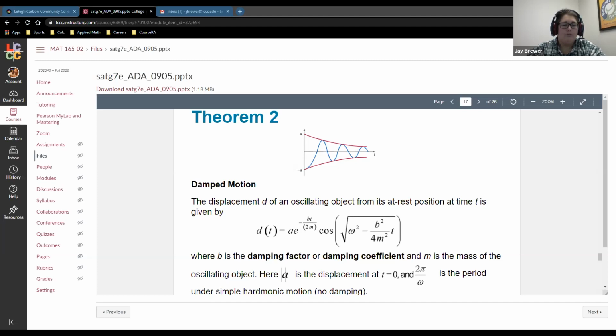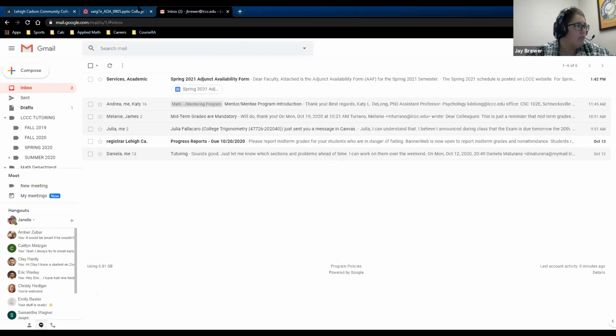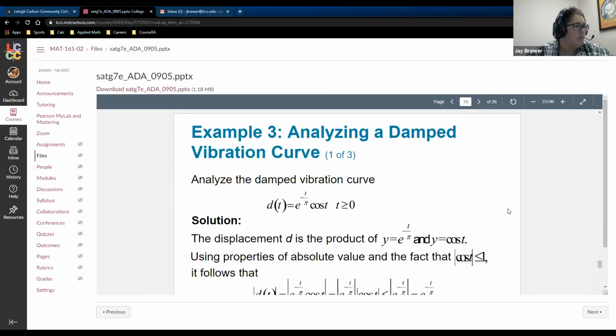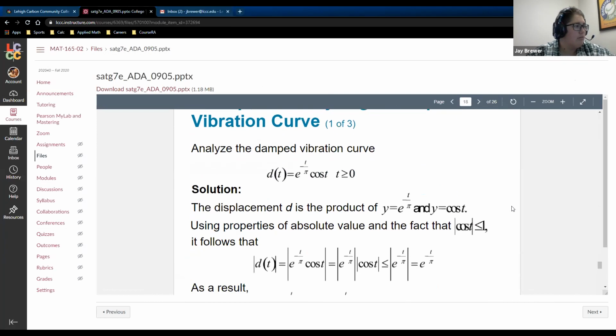Here, the absolute value of a is the displacement at time t equals 0, and 2 pi divided by omega is the period under the simple harmonic motion, therefore no dampening. Okay. Again, if I'm going too fast, you can always watch the video or check out the slides yourselves.